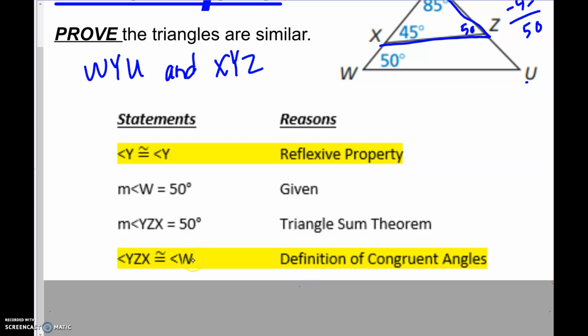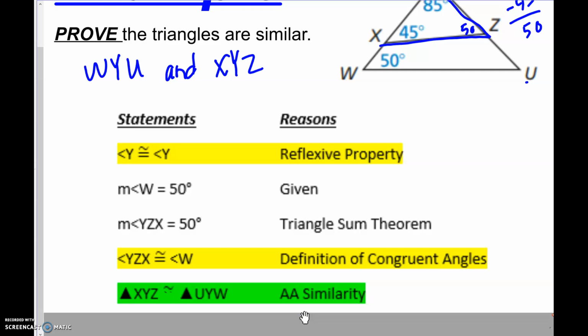Okay, so these two angles are going to be congruent, and that would make the two triangles similar. Remember, the single mark right here means similar by angle, angle, similarity. Notice that it says similarity, not just angle, angle. This step right here, if you didn't have that in there, I would probably not mark this proof wrong, so no worries there. If you get them congruent here and then they're congruent here, that's enough to say the two are similar.